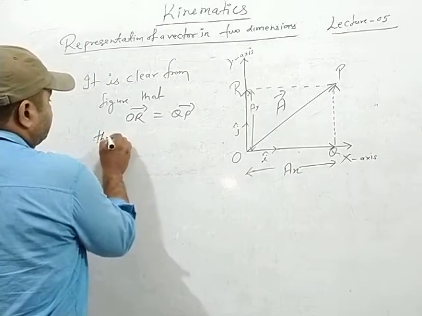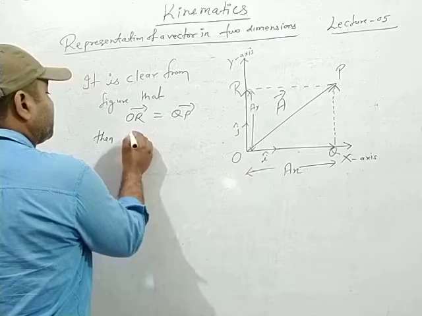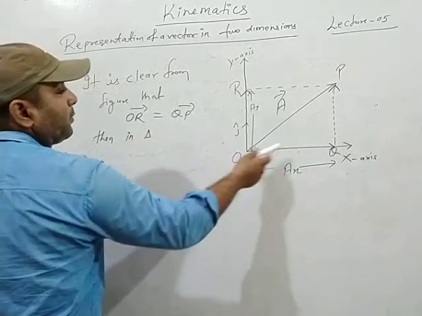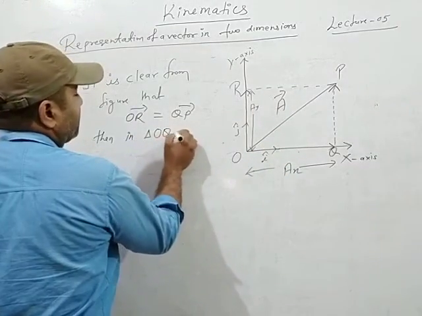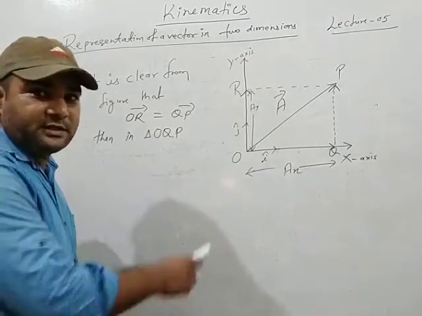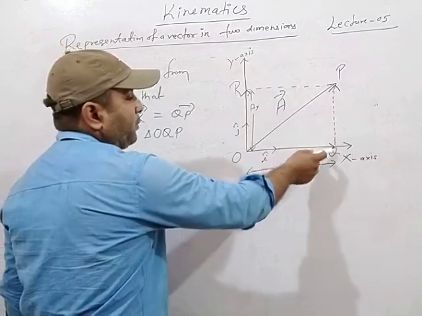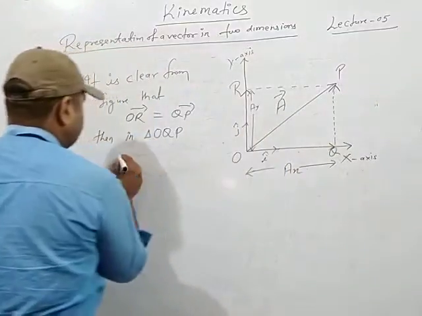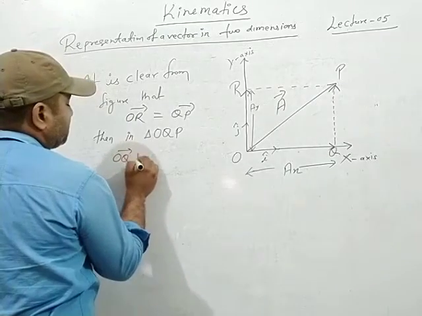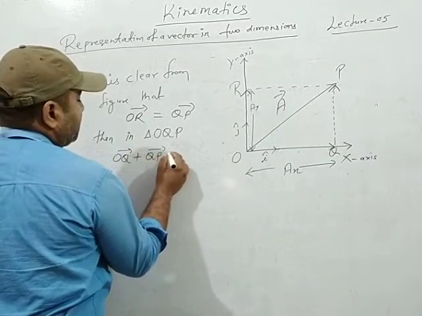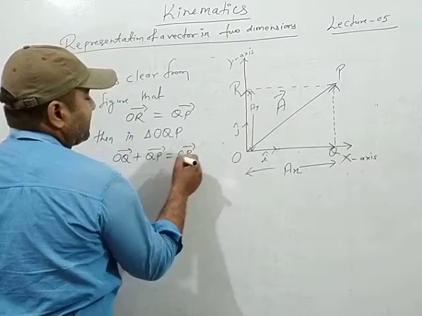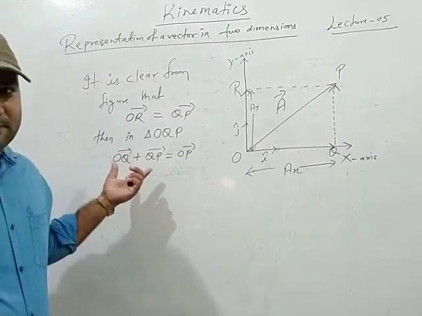Then in triangle OQP, OQ plus QP is equal to what? OP. This is the triangle of vector addition.